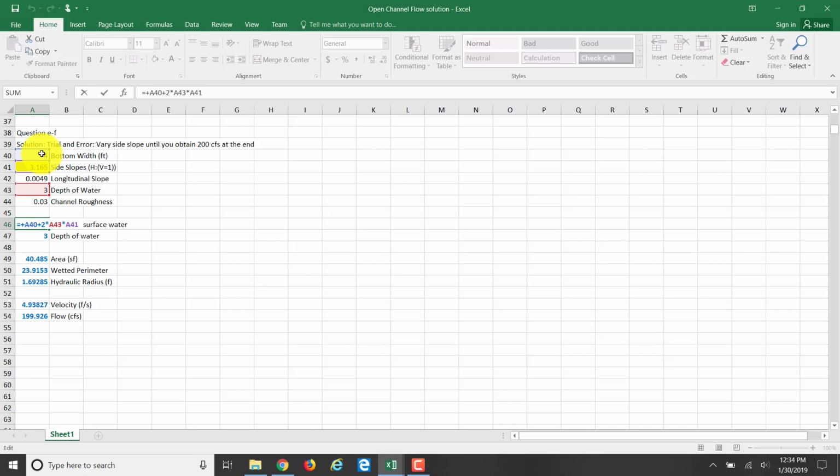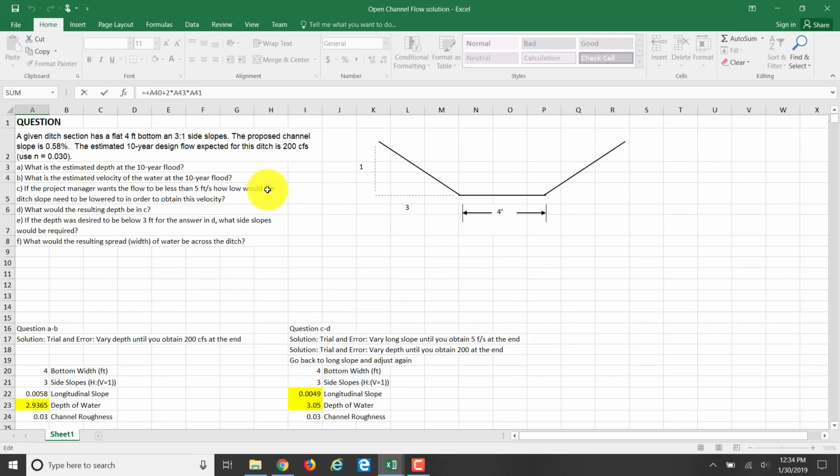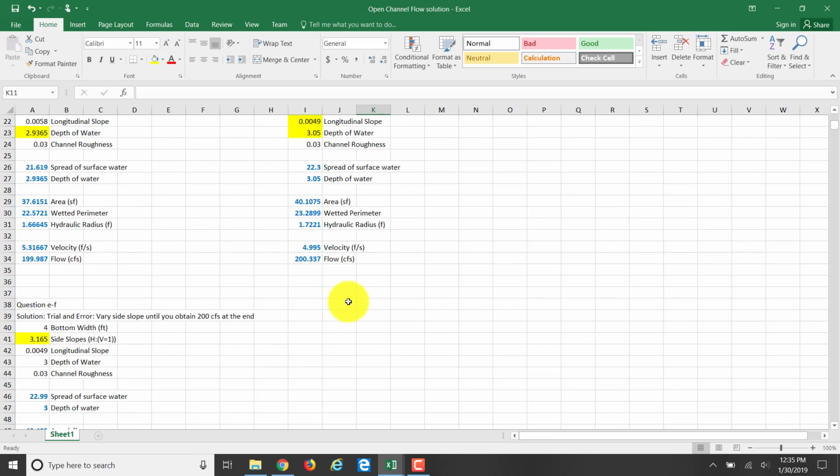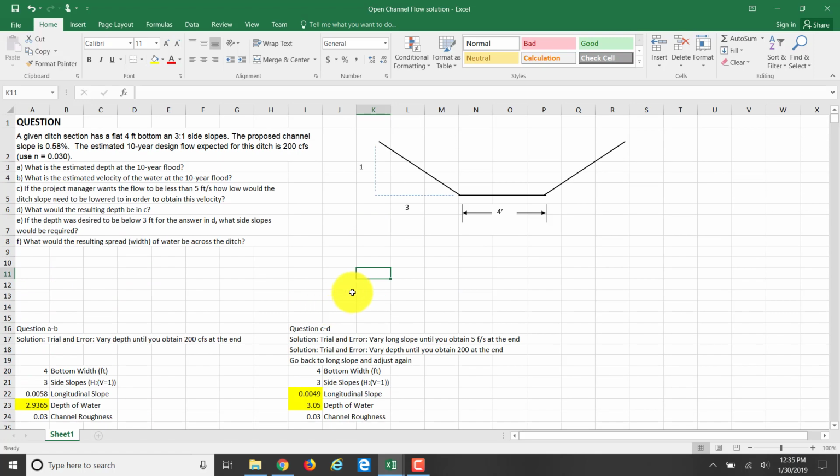I have this is my bottom width, and then I'm looking at 2 times my side slopes times the depth of the water is going to give me the extra spread of water on each side over here added to the width of the channel, and now I've solved my problem.